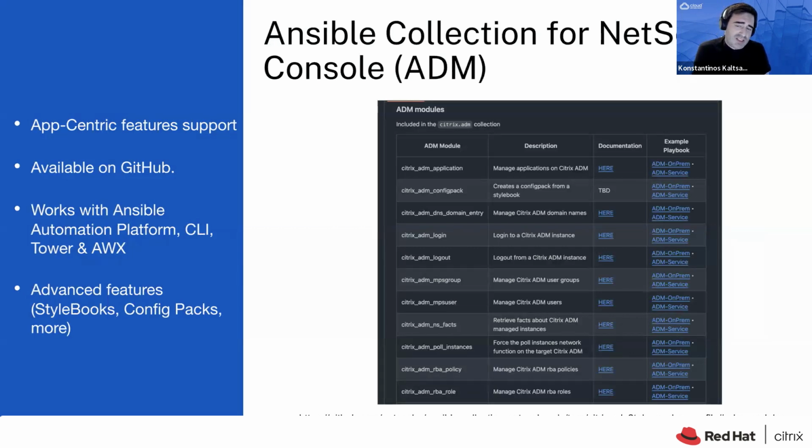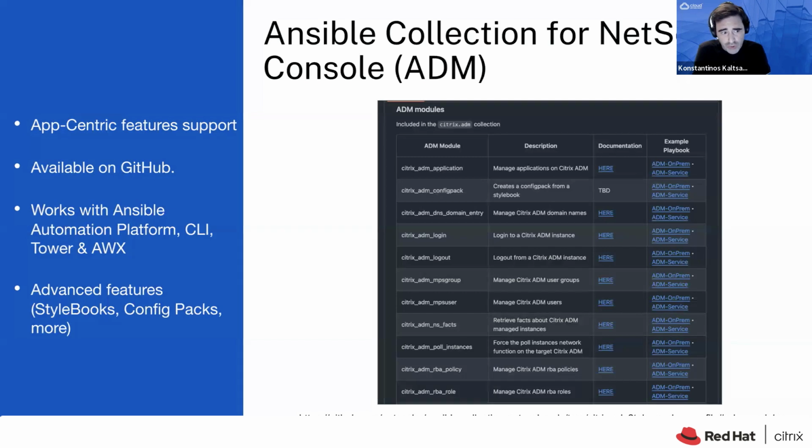And the last thing that I want to share here is how you can also access the Ansible collection for the NetScaler console, the ADM. So the Ansible collection for ADM does not come with 100% of feature coverage. This is something that we are working on right now, but we are focusing on anything related to app-centric features. So anything related to configuring application-centric, let's say, configurations, it is there.